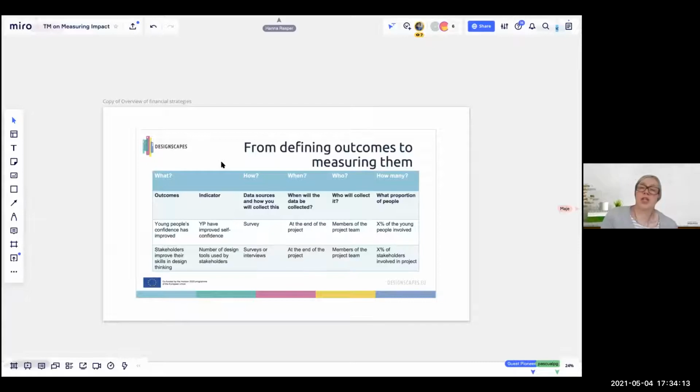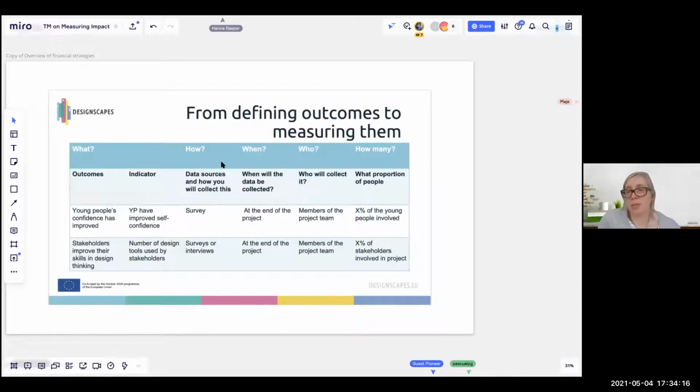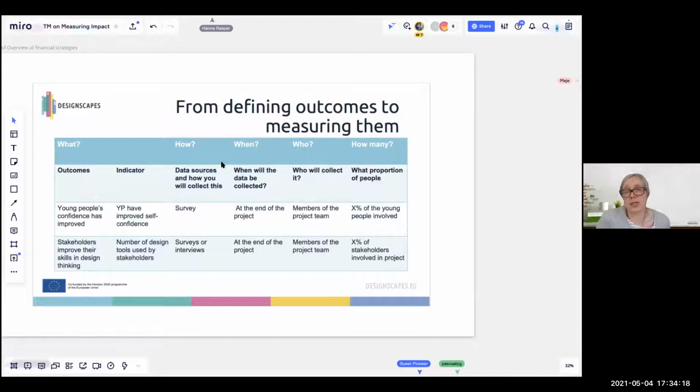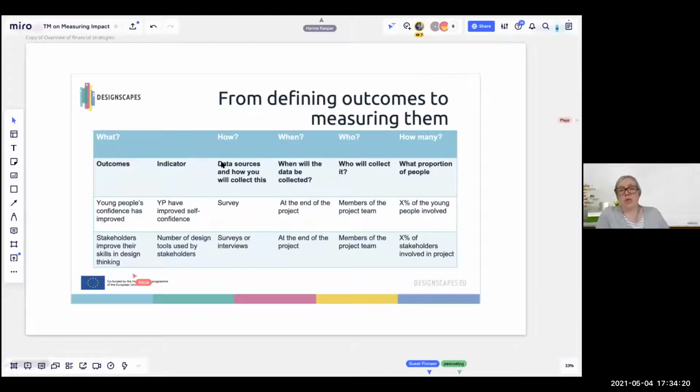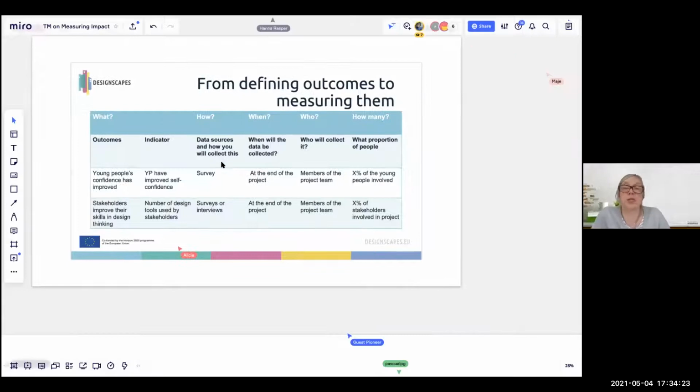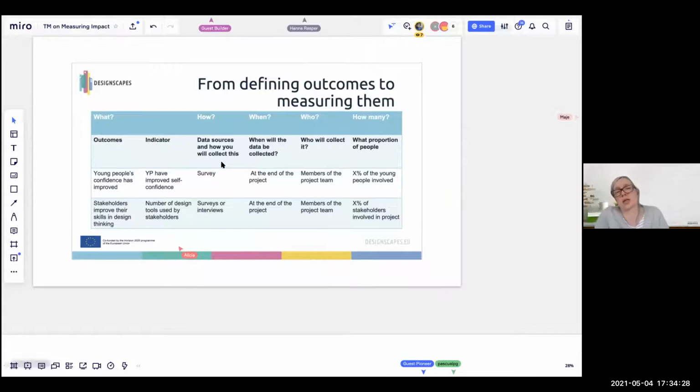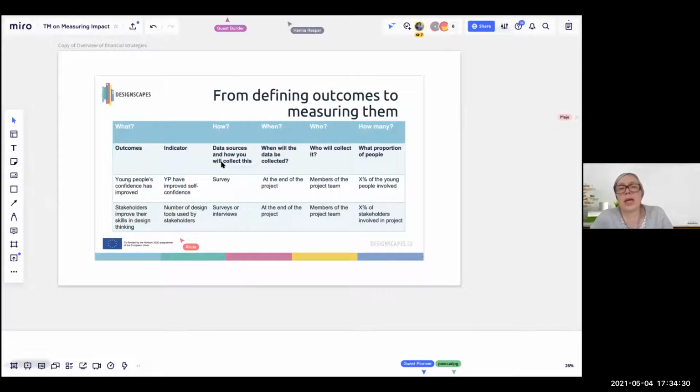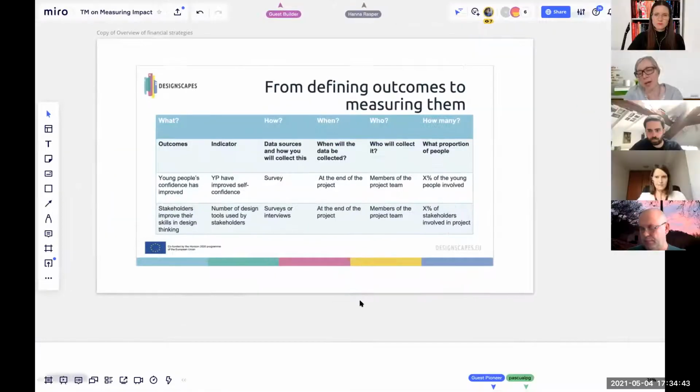You would normally measure the steps in between as well, just to give you a sense of scale of what you've achieved. Yes, you would normally do it for key aspects, certainly of all elements of the theory of change, but I focus on outcomes because that's what we're talking about. But you're right, if you're looking at the young people, especially if you're wanting to make the changes between outcomes and impacts, you would have to have a sense of how many young people you've engaged.